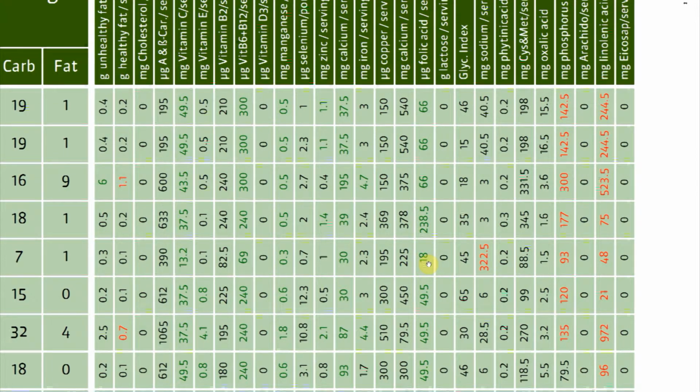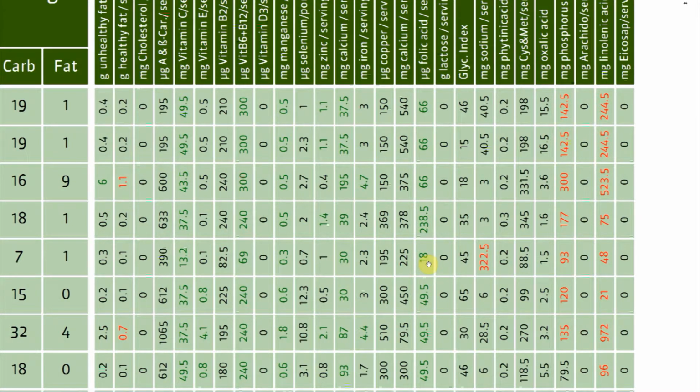So this type of food contains a lot of sodium, more than others, that's why it's red. So the ones that contain most are red, if it's bad, and the ones that contain most of something good are green. So any green number means this is particularly rich in folic acid, and this is particularly rich in sodium.